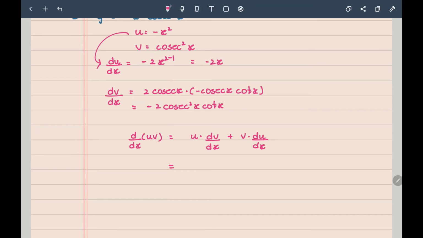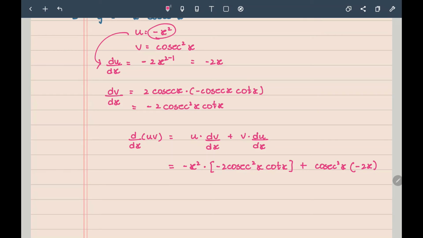So that will be u is minus x square into minus 2 cosecant square x cot x plus v into, that is cosecant square x into du by dx, that is minus 2x.